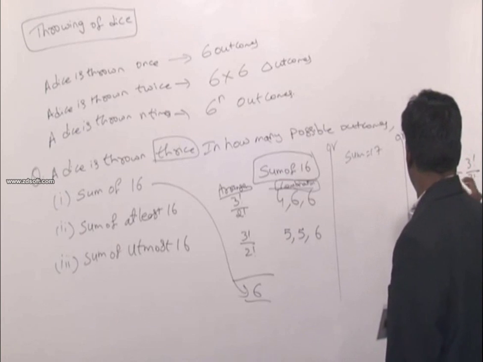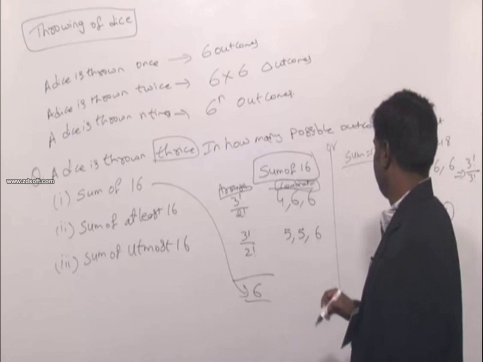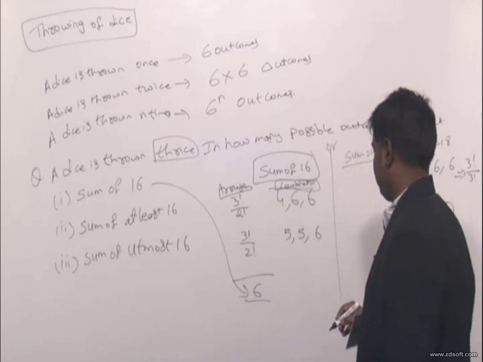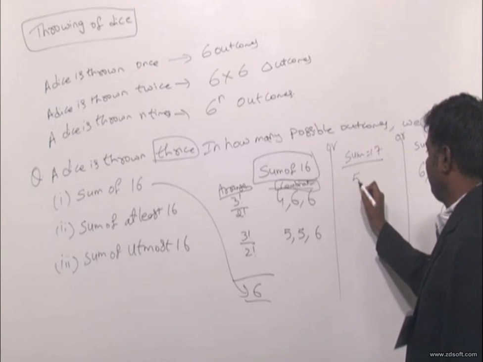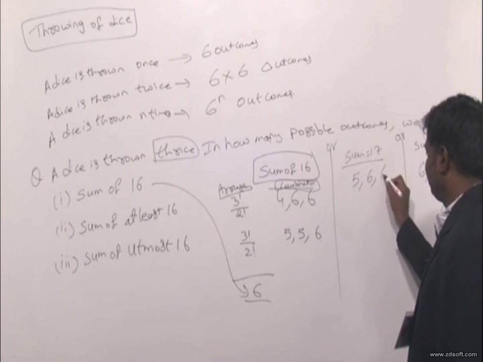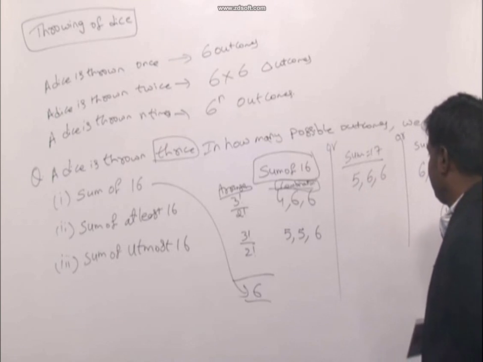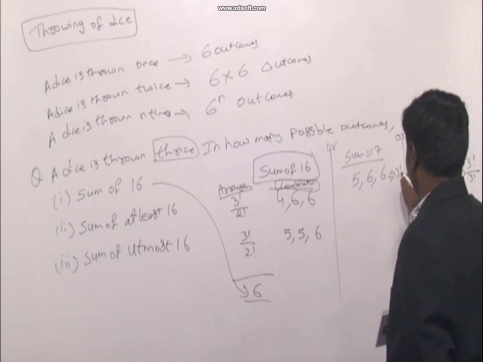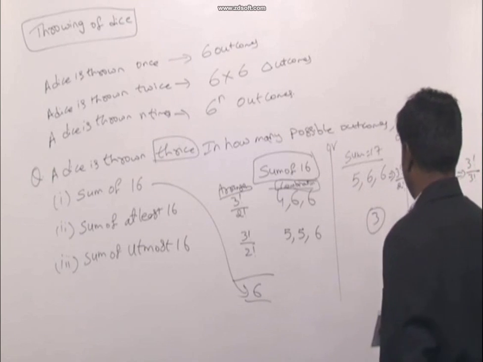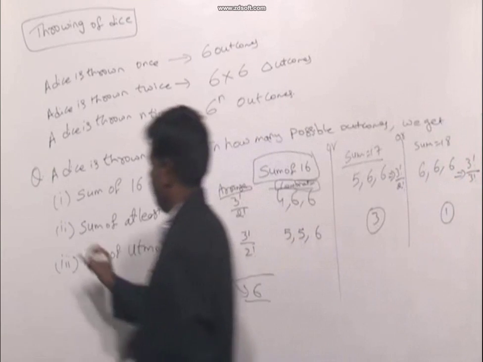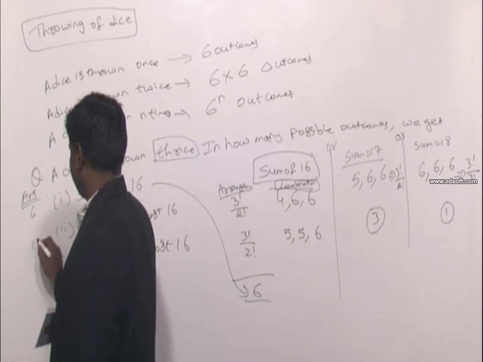Now coming to 17, you can consider it as 5 6 6, 2 6s and 1 5. In how many ways it is possible? 3 factorial by 2 factorial, that is 3. So 6 plus 3 plus 1, 10. So answer here is 10.